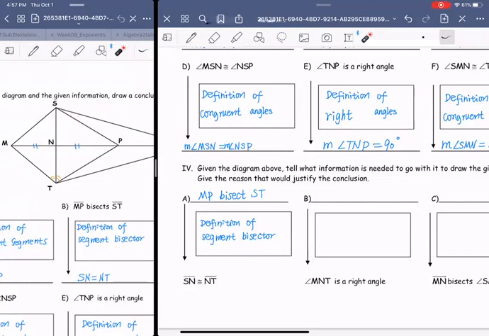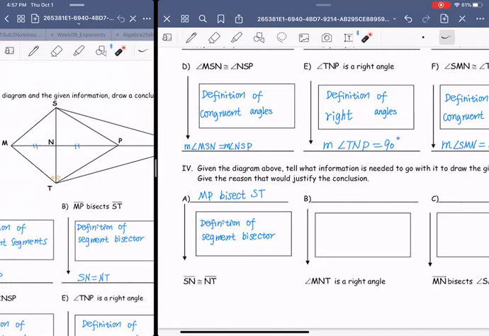MP is perpendicular to ST, because perpendicular lines form a right angle. If it's just this angle alone, would it just be called 90 degrees? Yes.